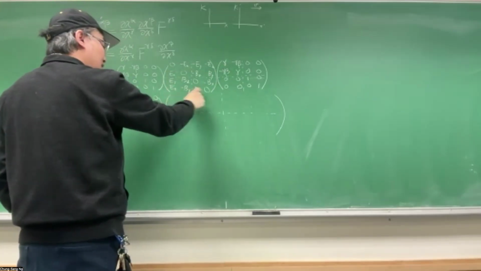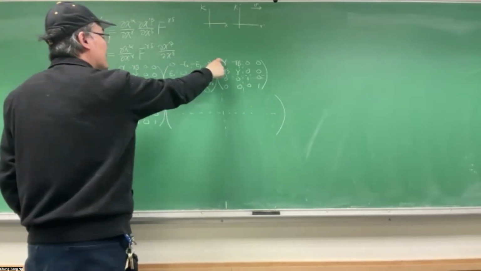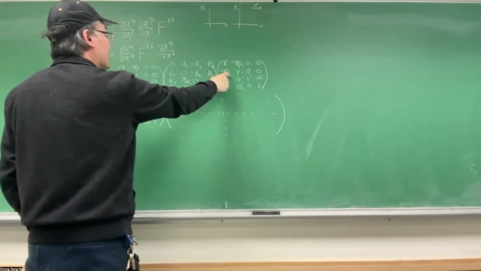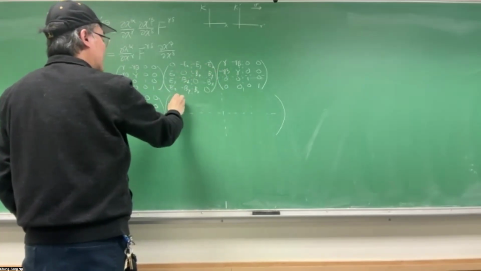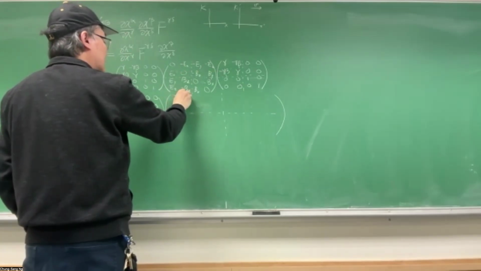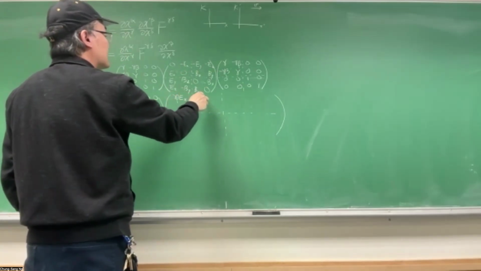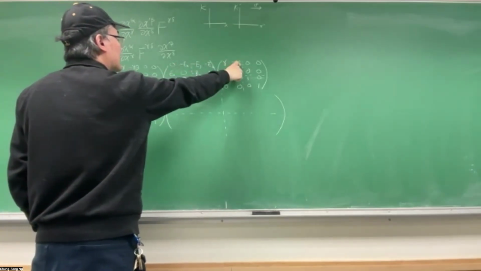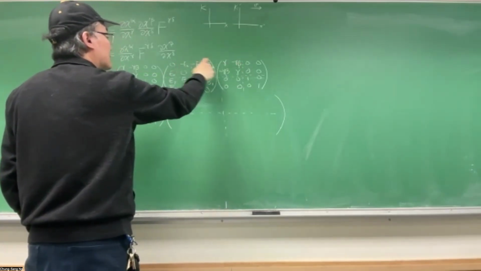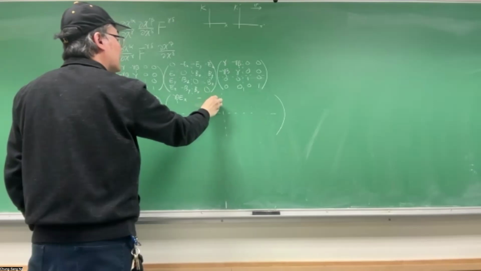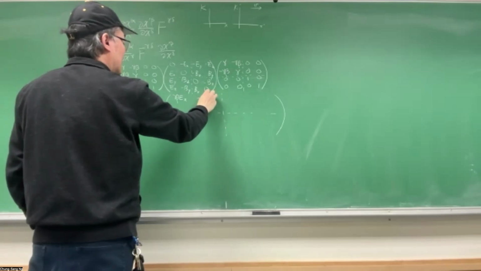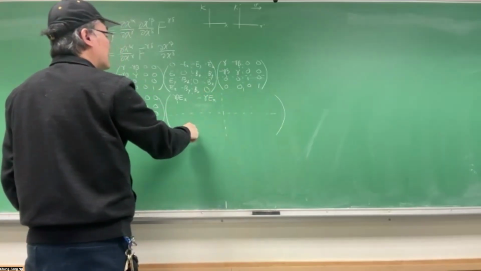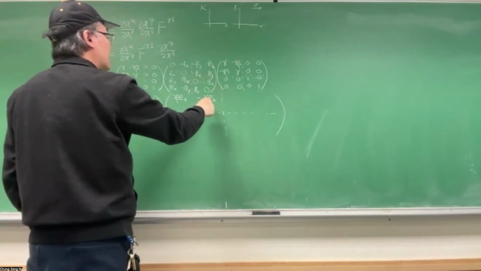The first element of this 2 by 2 matrix is this times this, which is zero, and this times that, which gives you gamma beta E_x. The next element is this times this, which is zero, and this times that, which is minus gamma E_x.